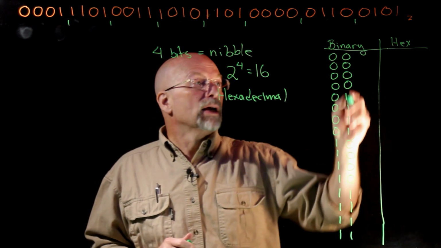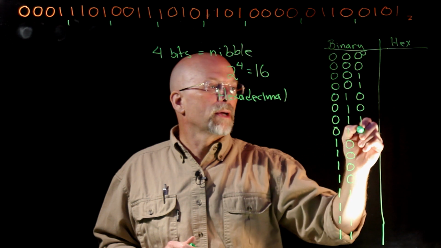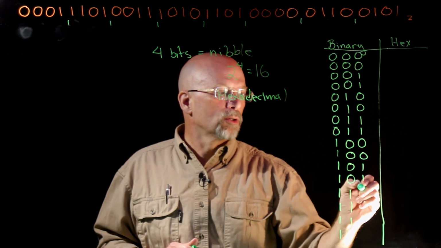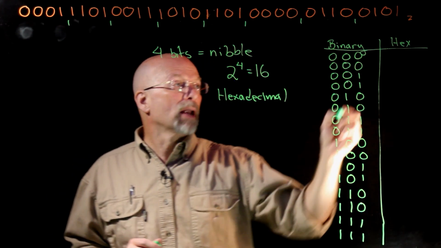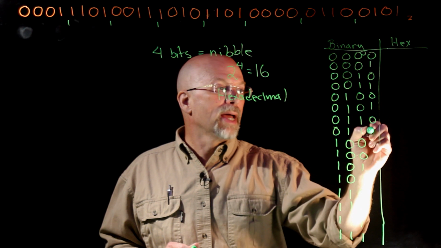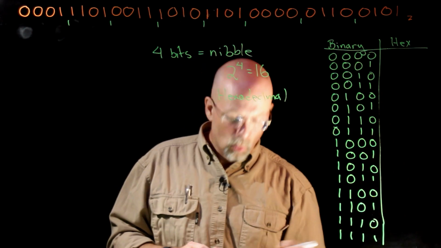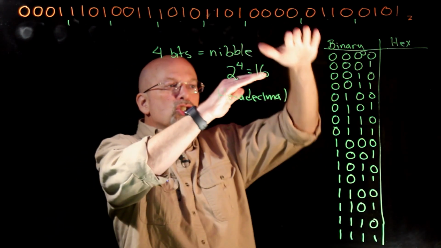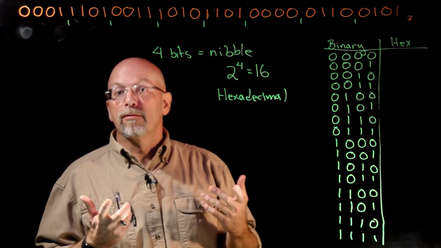The third bit, we're going to have 2 zeros followed by 2 1s, repeated all the way down. And then the last column is simply going to be alternating 0, 1, 0, 1 all the way down the column. Now the thing about doing it this way is what it gives us is a sorted list of all the possible patterns of 1s and 0s for a nibble.